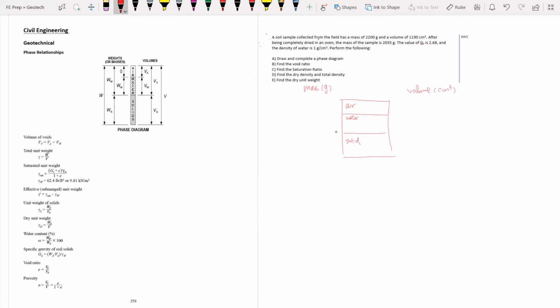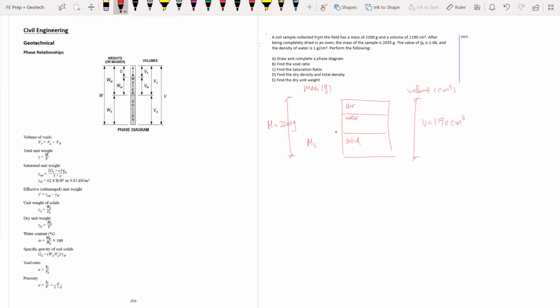You said it has a mass, which is the total mass of 2,200 grams, and it has a given total volume of 1,190 centimeter cubed.